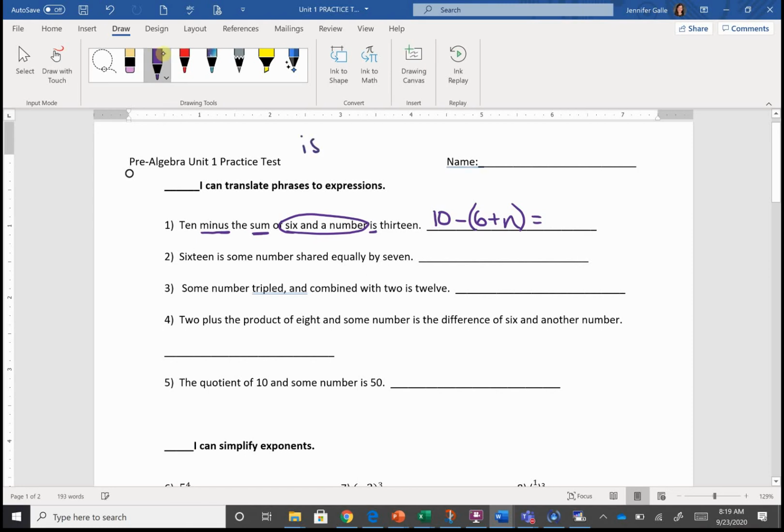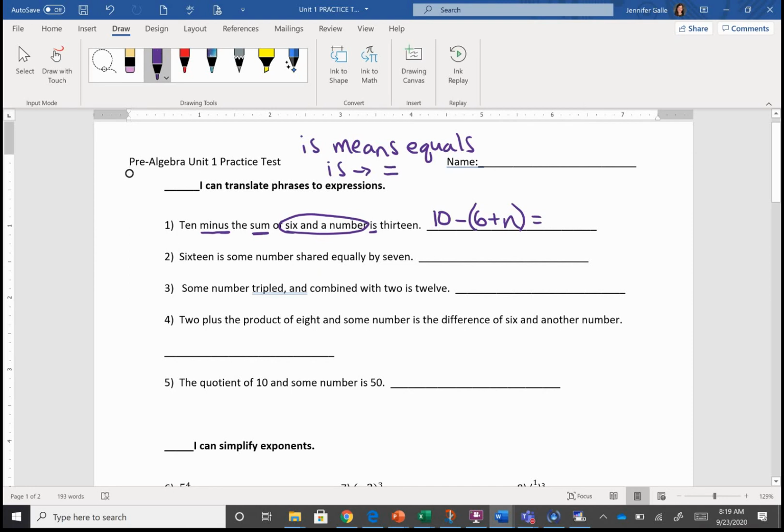Or if you want to put is equals. If you want to write that on the back of your foldable, then you have that note for tomorrow.